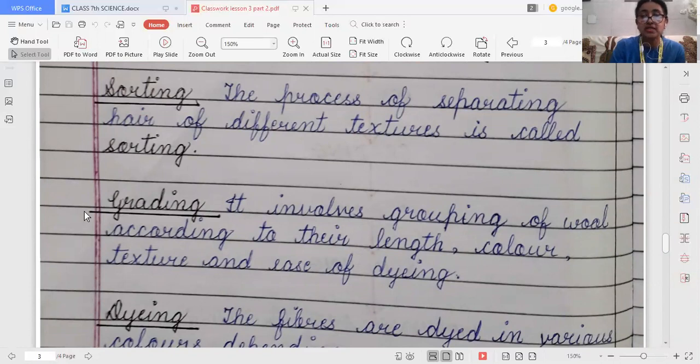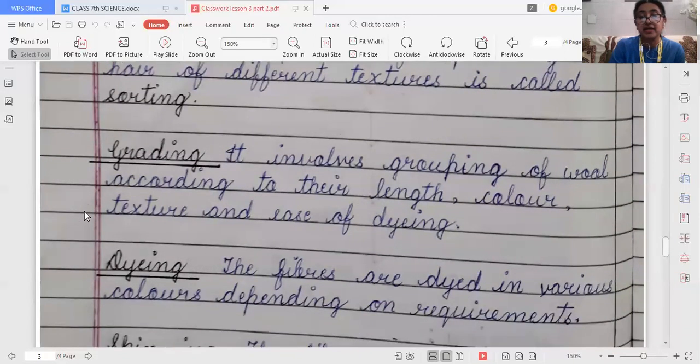Once the sorting is done, now the grading is there. What is grading? It involves grouping of wool according to their length, color, texture and ease of dyeing. They are separated and graded by how they differ in length, color, texture, and how easily they can be dyed in another color.